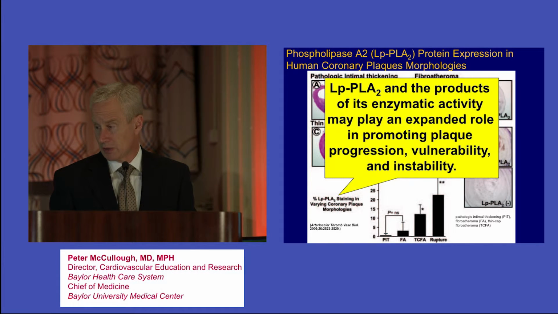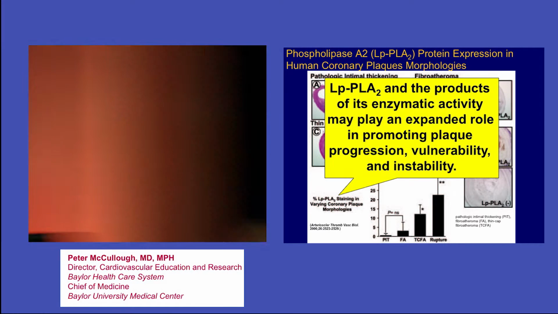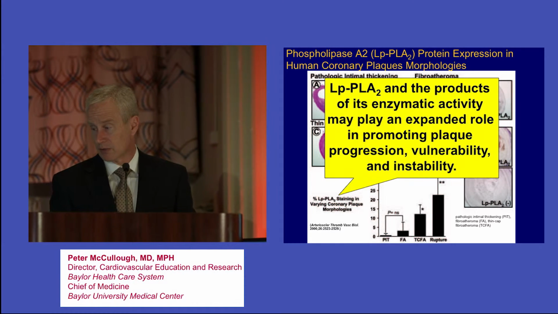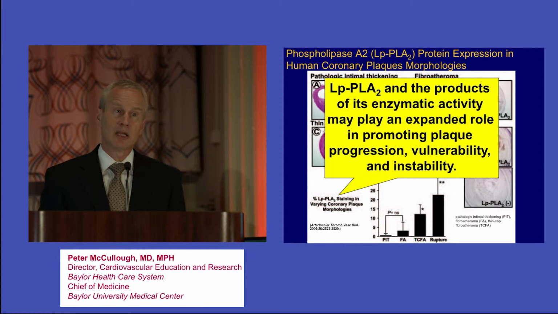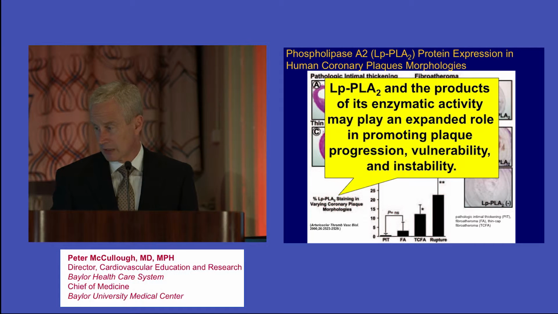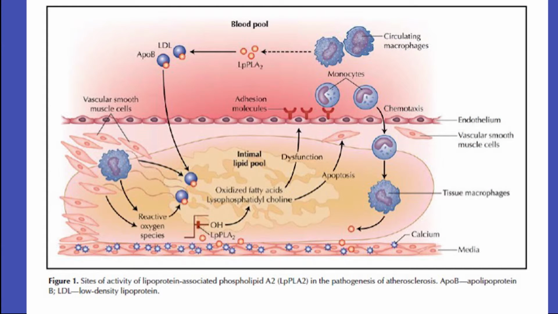So Lp-PLA2, in my view, and the products of its enzymatic activity may play an explained role in promoting plaque progression, vulnerability, instability. And so it's really been our task to try to explore this from a laboratory and therapeutic perspective. Where does Lp-PLA2 come from? Well, circulating macrophages produce it, and then it does attach to LDL on the ApoB particle, but some of it is free. Some of it also rides on other lipid particles.